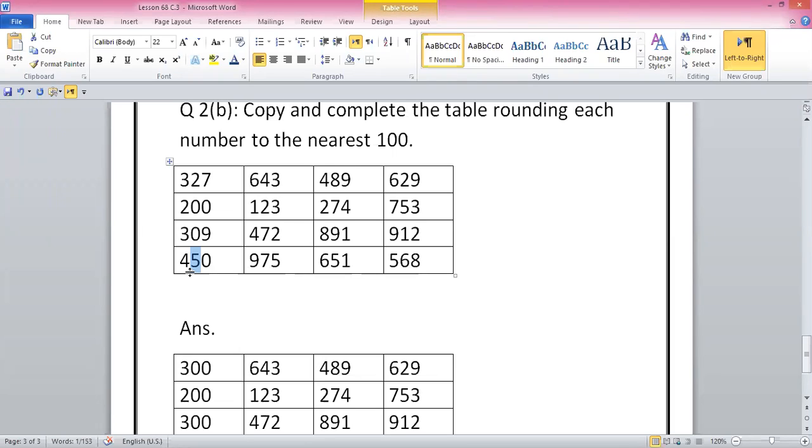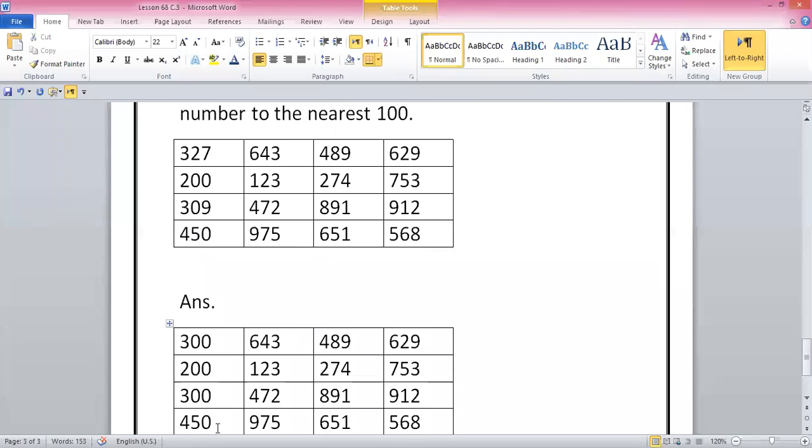You don't need to check the ones place. You need to check only the number on the tens place, which is exactly next to the 100 place. So you are going to add 1 here. 4 plus 1 equals 5, and then you will put 2 zeros. So that will become 500.